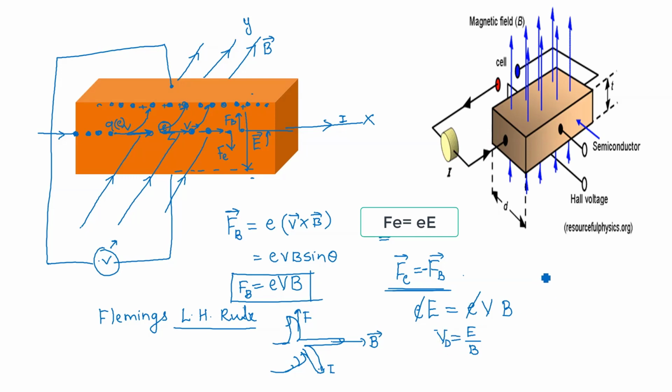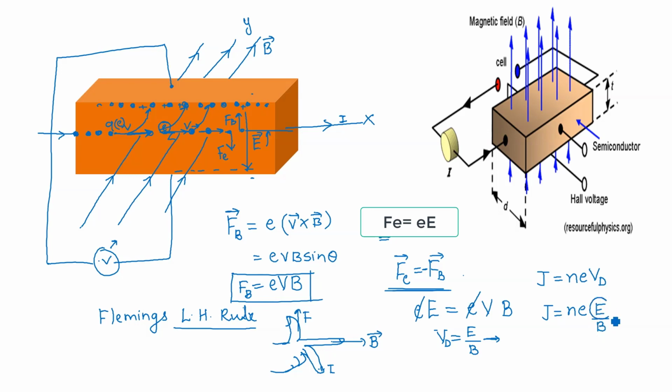Now we know the relation between current density J and the carrier concentration n, the charge and the drift velocity: J is given by n e vd. If I put the value of vd from this equation, I get J is equal to n e into E upon B.